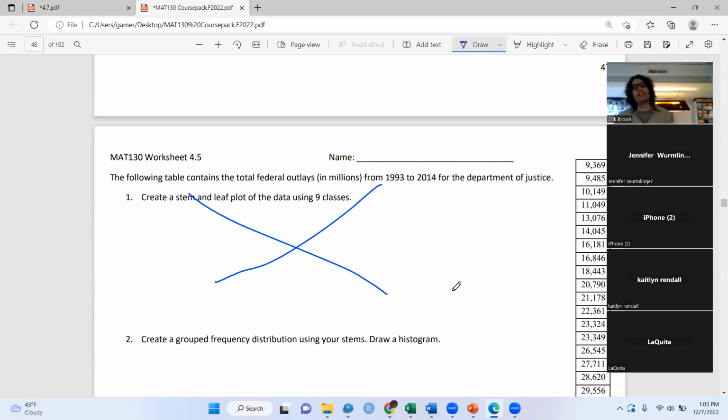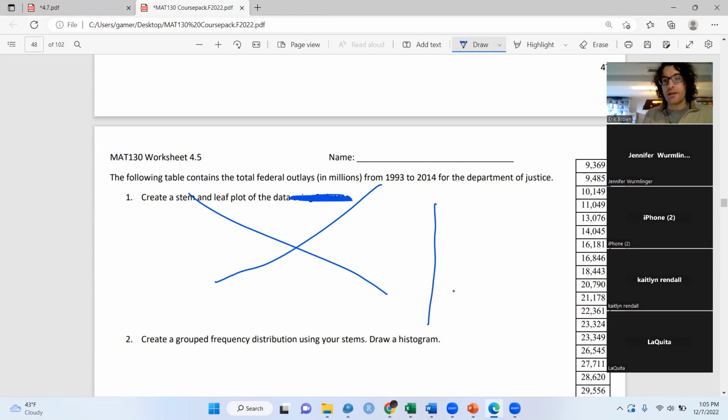Okay, sounds good. So really, there isn't a way to do it. The way the stems work is they're picked based on the numbers, so you can't have a specific amount of classes. And when you look at this data set, a stem and leaf plot is just awful for it.